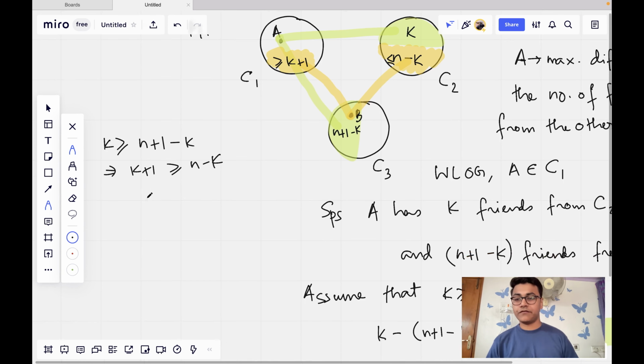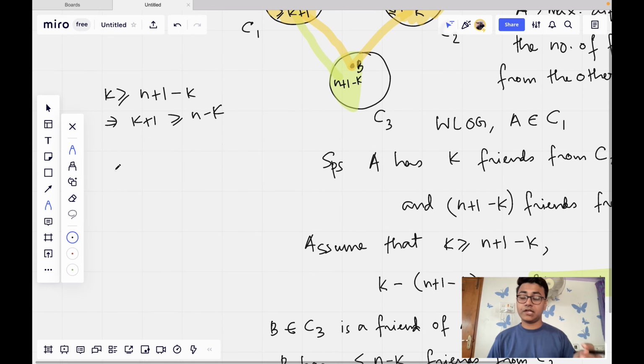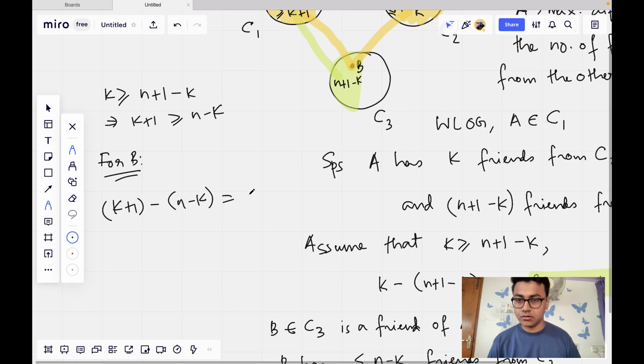So for B, the difference between the number of friends he has from the two cities is k plus 1 minus (n minus k), and this value is equal to 2k minus n plus 1, right?